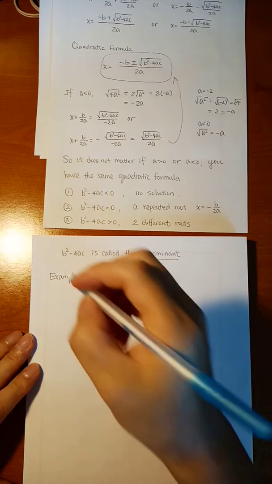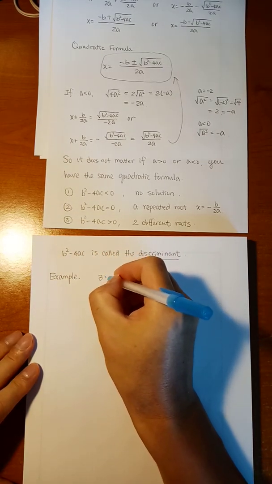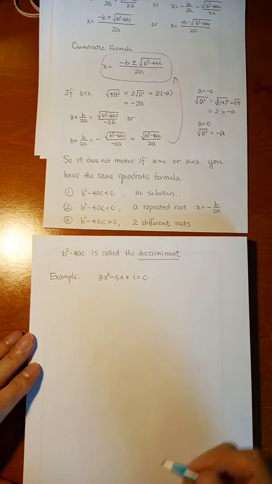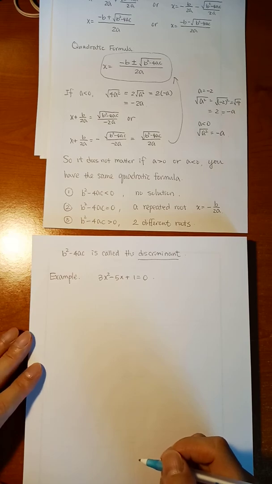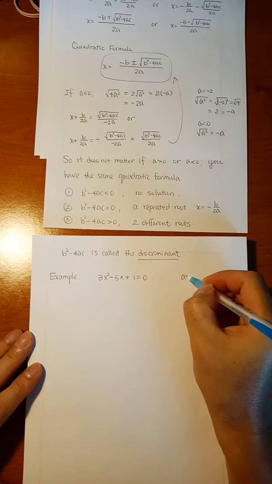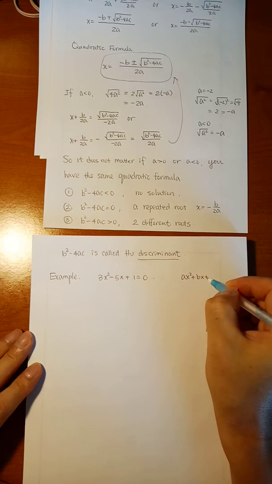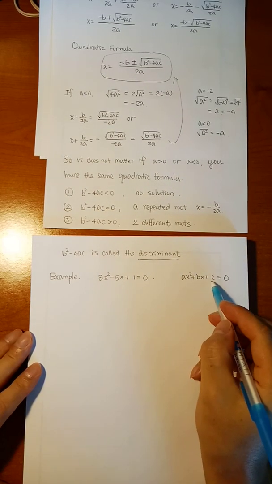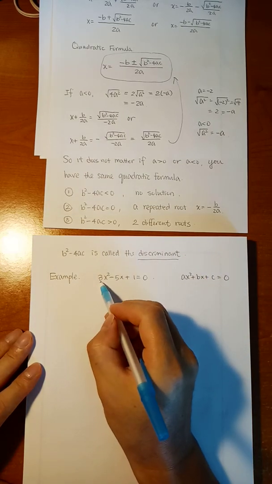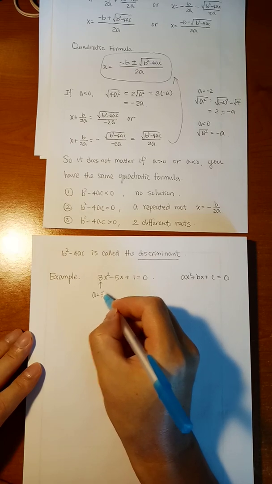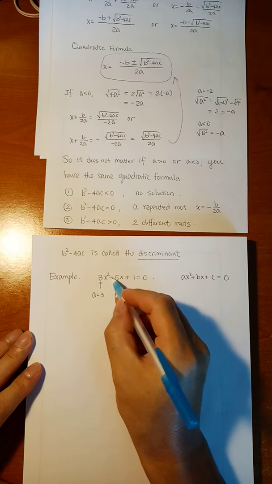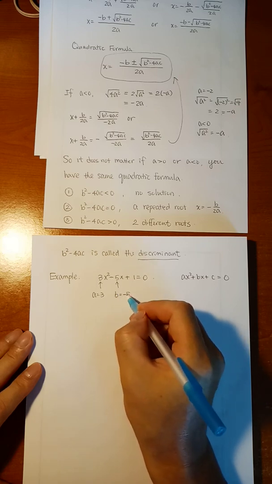Now let's see the examples. If you have 3x squared minus 5x plus 1 equal to 0, we're trying to use the quadratic formula to find the solutions. So the quadratic formula, ax squared plus bx plus c. A, b, c contain the sign. So here a is 3. B is negative 5. When you have a negative sign, the b contains the sign.